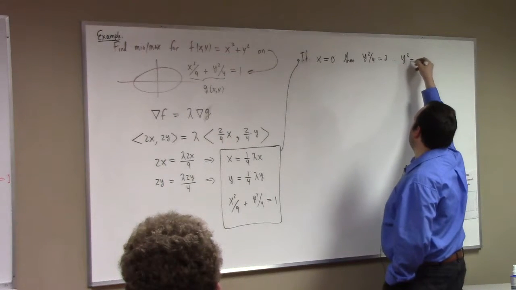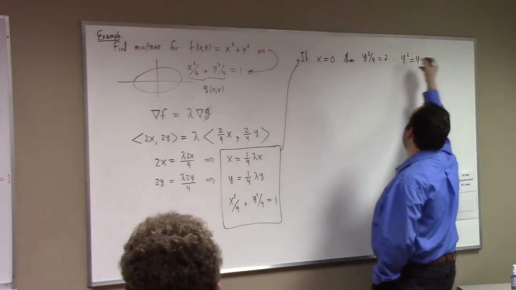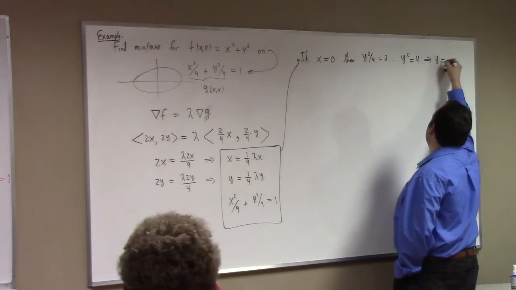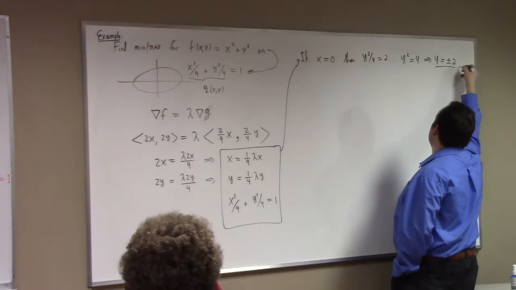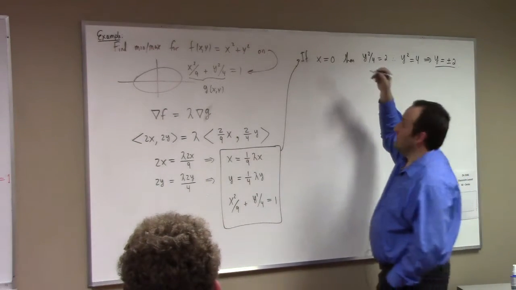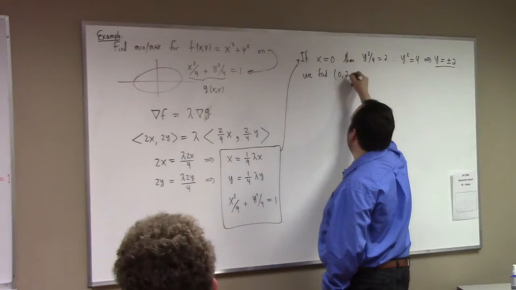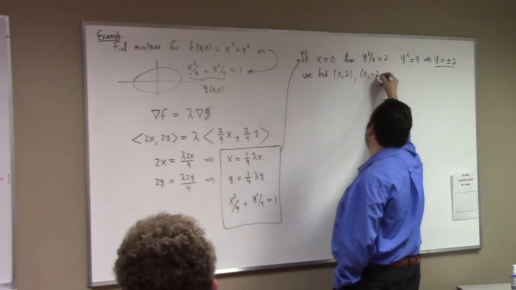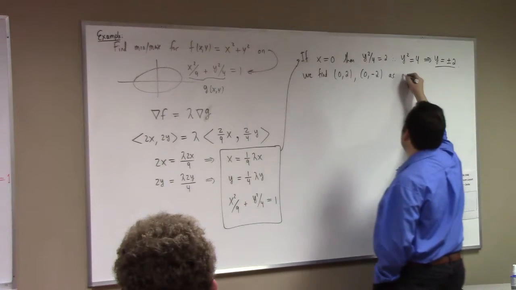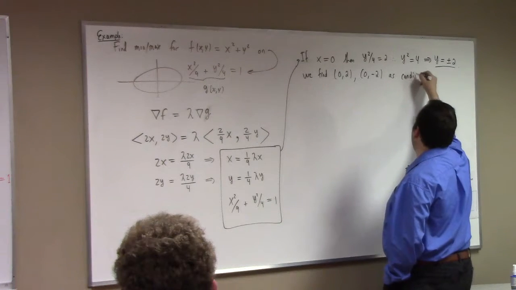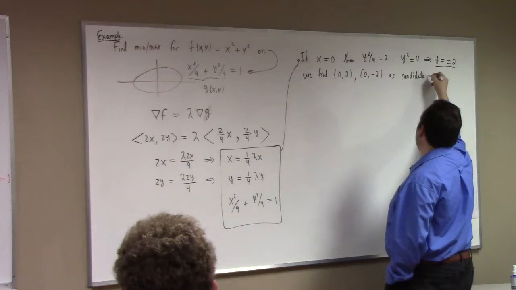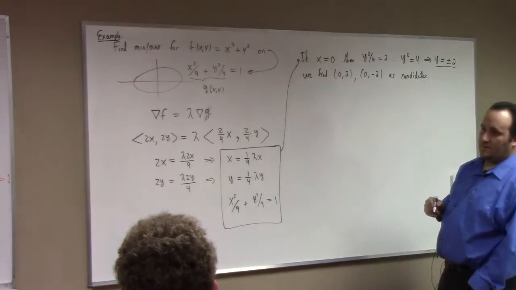So y squared is equal to 4, which gives me y is equal to plus or minus 2. So we find 0, 2 and also 0, minus 2 as candidates, in other words, candidates for min-max.